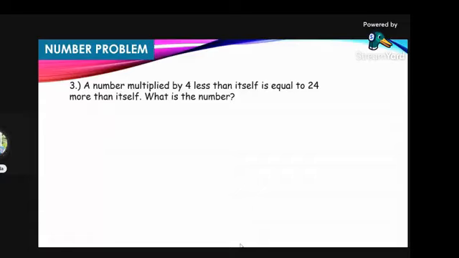Okay, let's see. Pag 6 yung sagot, 6 times 6 minus 4, so that is 12, is equal to 24 plus 6, and that is 30. So pwede ba kaya yung 6?